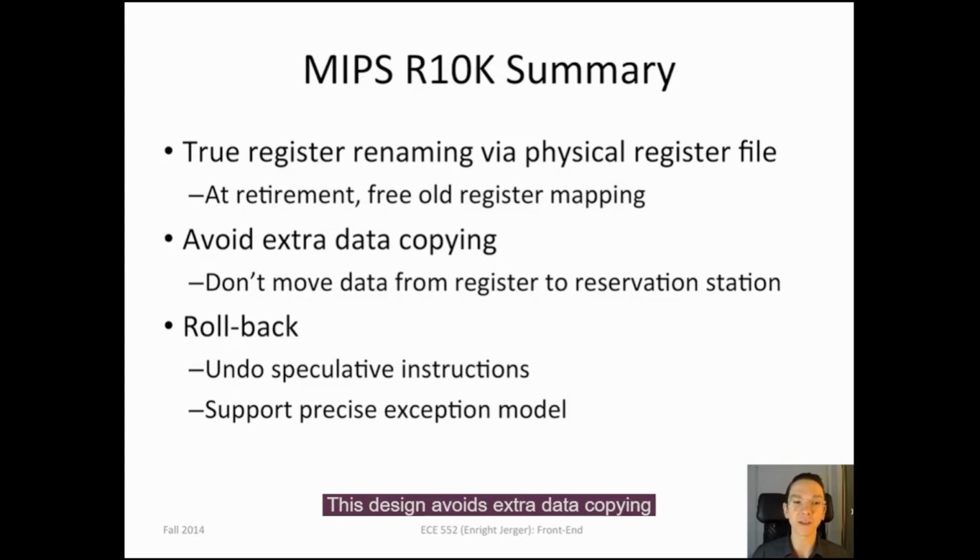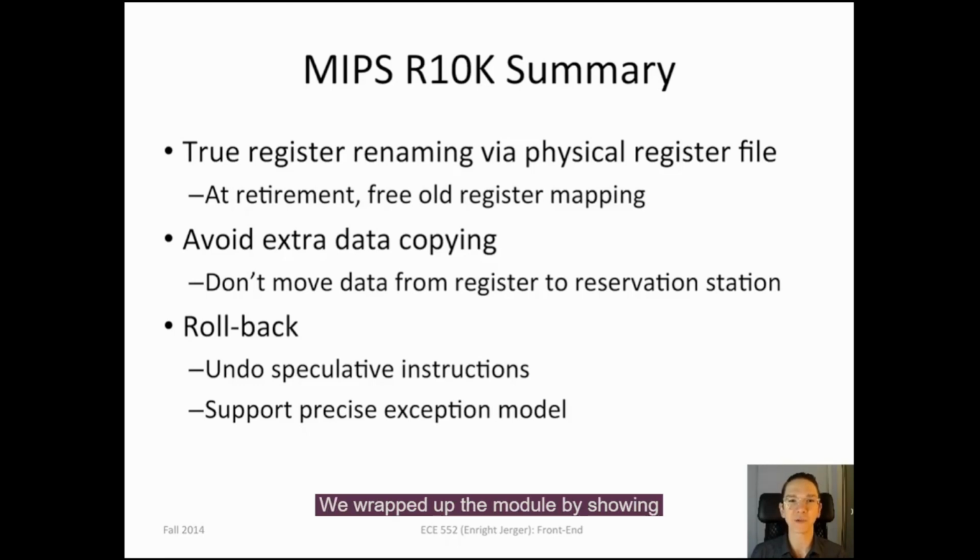This design avoids extra data copying, where the wide 32-bit or 64-bit data paths are connected straight from the physical register file to the functional units and back, and in particular, this design did not move data from the registers to the reservation stations. This enabled us to limit the more complex wiring to do with control and tags to carry only a few bits required to represent tag numbers or hardware structure entry.